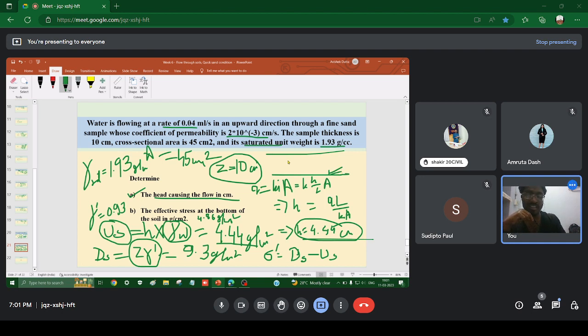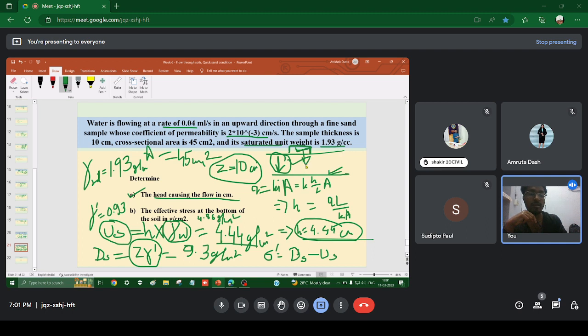This particular soil is exerting pressure on its own base layer. That means if this particular soil is exerting pressure on its own base layer, then only its submerged weight will be counted. If it was another layer on top of it, then its total weight will be counted. Suppose there was a clay layer above it, then the entire soil along with the water is exerting a pressure on this particular layer.